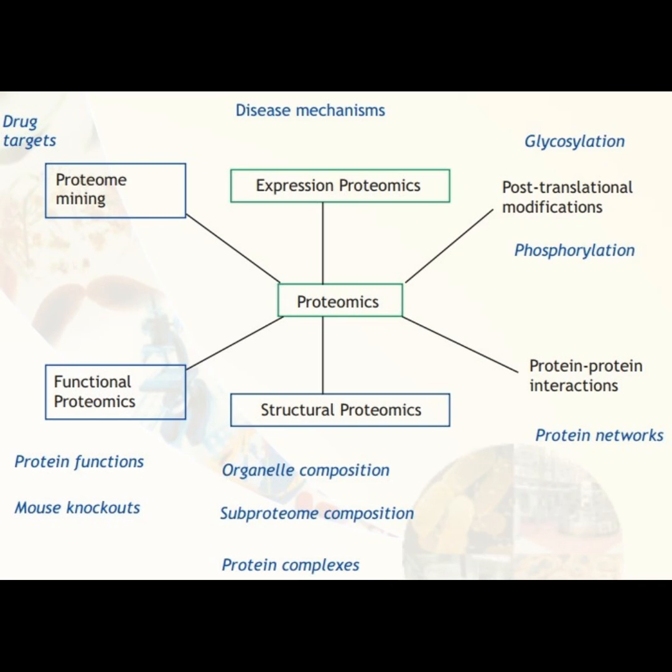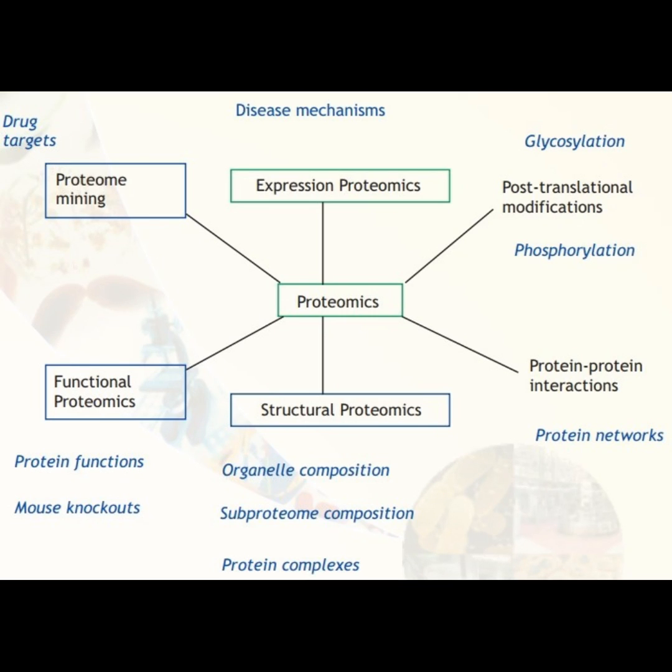And these techniques are achieved by using technologies such as X-ray crystallography, NMR, or other spectroscopy methods. Okay, when we want to compare some disease with healthy one, or some affected tissues with healthy tissues, in this method we are going to do expression proteomics.